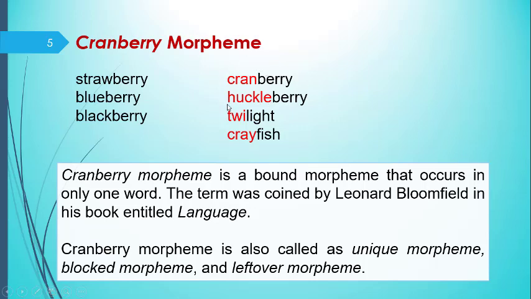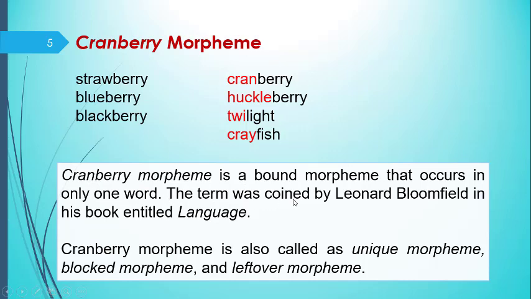So these morphemes are different from other prefixes that can occur in many words. For example, the prefix un. Un can occur in unfriendly, unkind, unhappy, etc. However, these are the opposites. Cranberry morpheme is a bound morpheme that occurs in only one word.